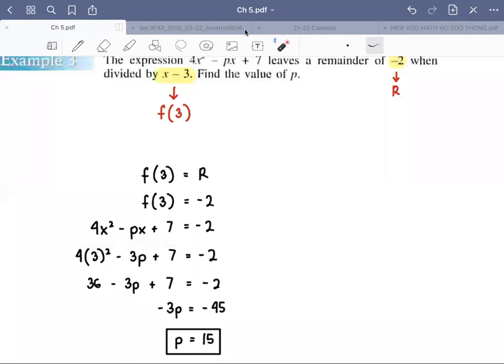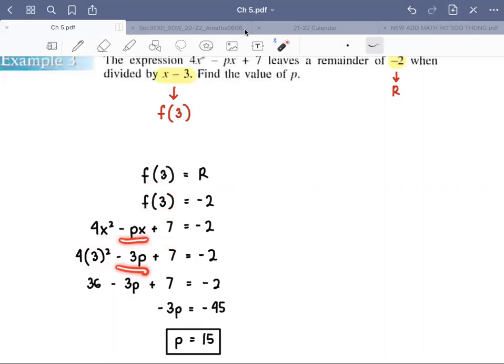But the point here is that to solve for p, you need to apply f of 3 on this expression. What I mean by that is you need to substitute the value of 3 to this x term. So this x squared becomes 3 squared, and this negative px becomes negative 3p.